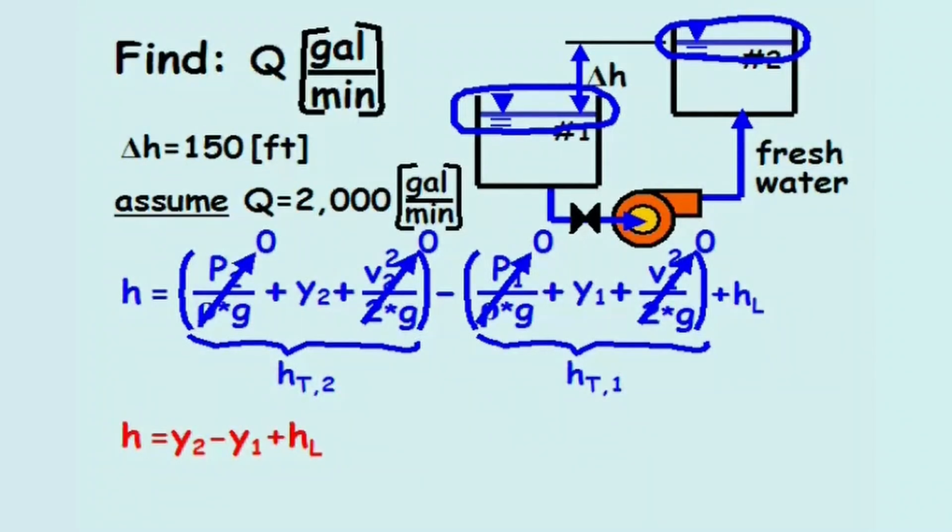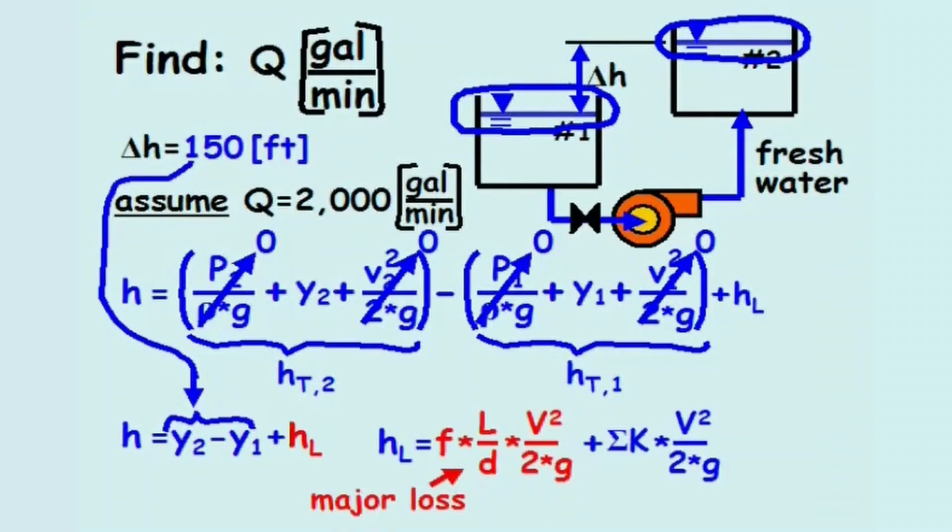The change in elevation head equals delta H, 150 feet, and the head loss through the system equals the major losses along the pipe wall plus the minor losses caused by the fittings, valves, and entrance.